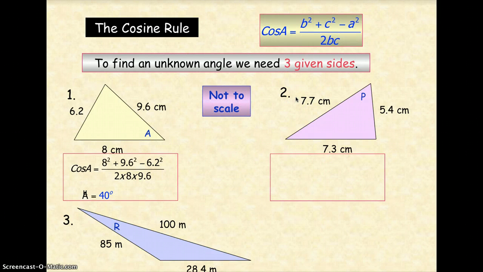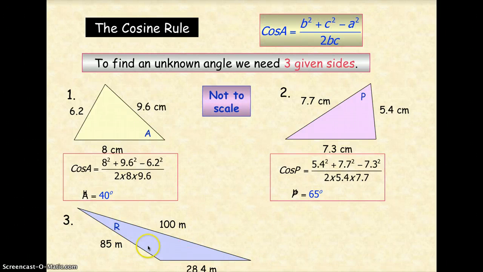You would like to find P. Again, it's the side opposite to angle P that you have minus 7.3 squared, and you will not find 7.3 at the denominator. Using inverse, shift, or second, you should get 65 degrees.